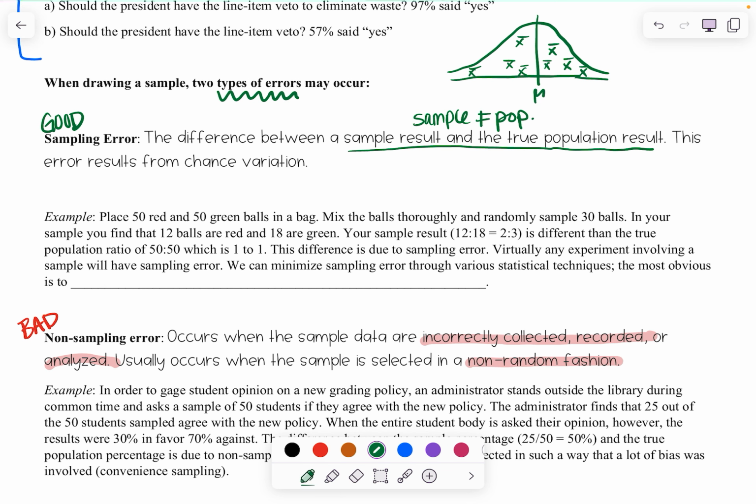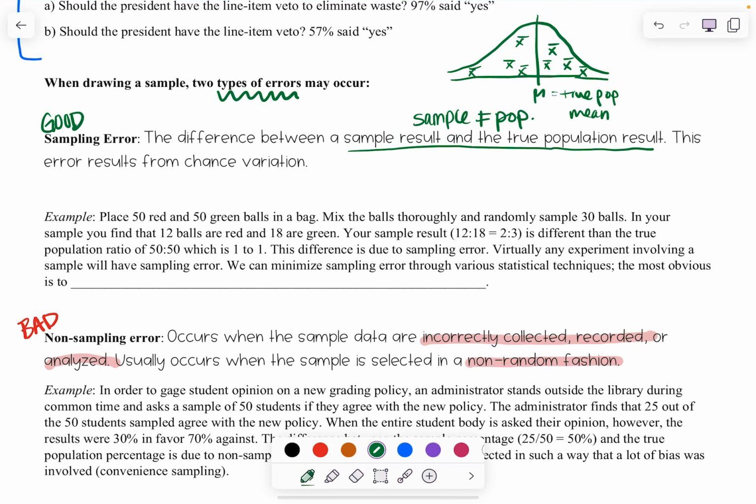All of this centers around that true population mean. So the idea of taking these samples, multiple of them, eventually over time, it's going to build out that normal curve that we've already talked about. And that normal curve is always going to center around the true value. So yes, you can have sampling error because you are going to have differences. But eventually, over time, you should be able to tell where the true center is.